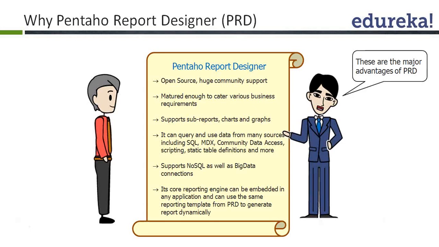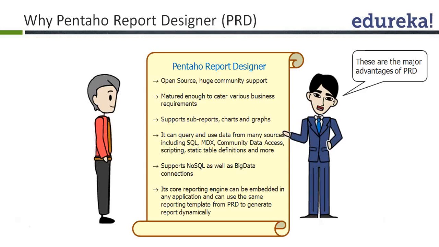Then it supports sub-report features and a rich set of charts and graphs. It has good support for connectivity. You can connect with RDBMS, you can connect with MDX. Community Data Access is another channel through which you can connect to different data sources.